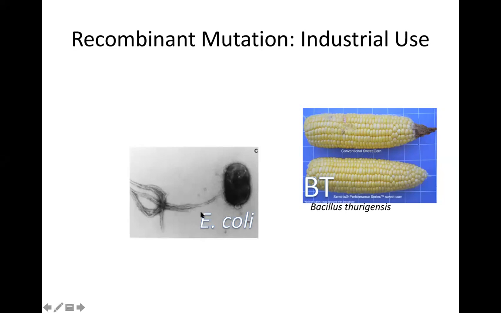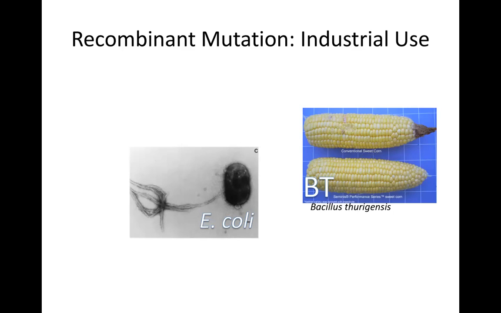And one that's near and dear to my heart, having done some diabetes research, is that we've actually taken the human gene for insulin and popped it into E. coli. Since E. coli are very easy to grow, which you guys can appreciate from the lab, we have an easy source of insulin.